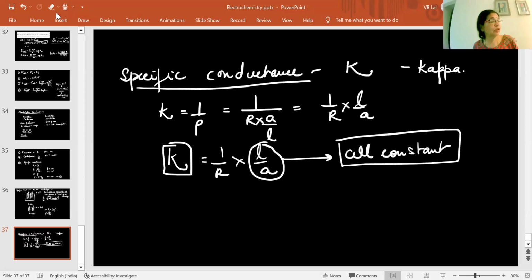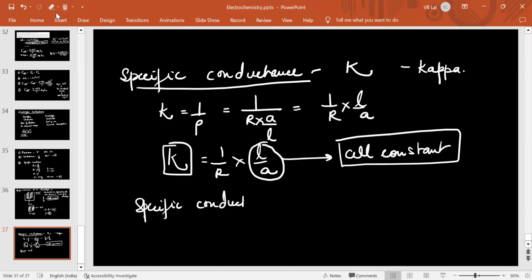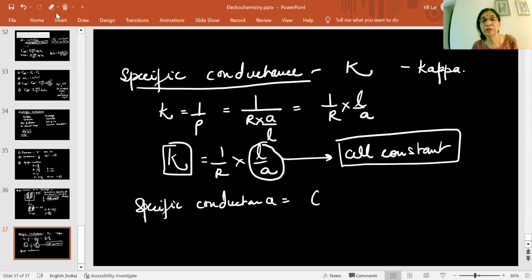So specific conductance is equal to conductance, 1 by R, the inverse of resistance, into cell constant.